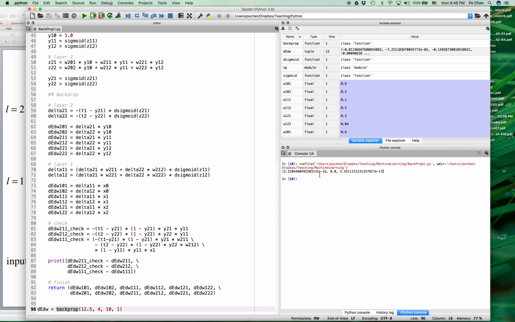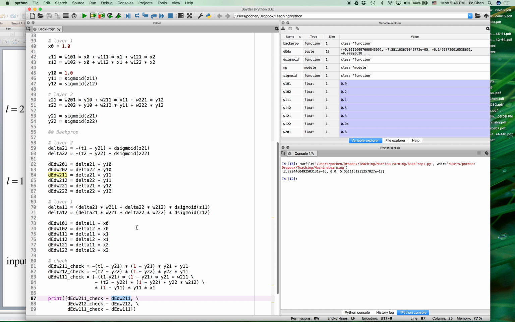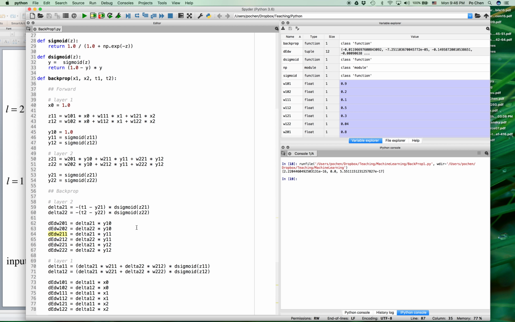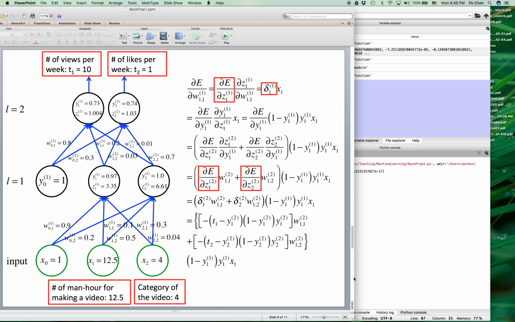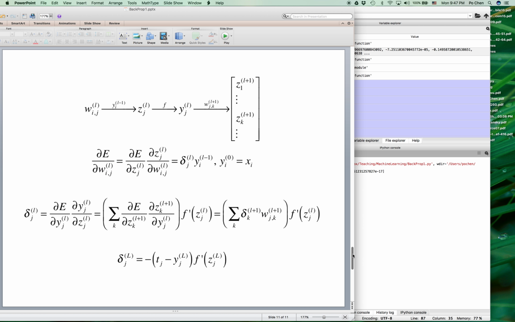So 10 to the minus 16 and 10 to the minus 17 are all within machine precision, which means that the analytic calculation and the backpropagation calculation are identical within machine precision. So it seems that our implementation of the backpropagation algorithm for our very simple 2-layer neural network, based on the algorithm we talked about last time, this dynamic programming algorithm, is indeed correct.